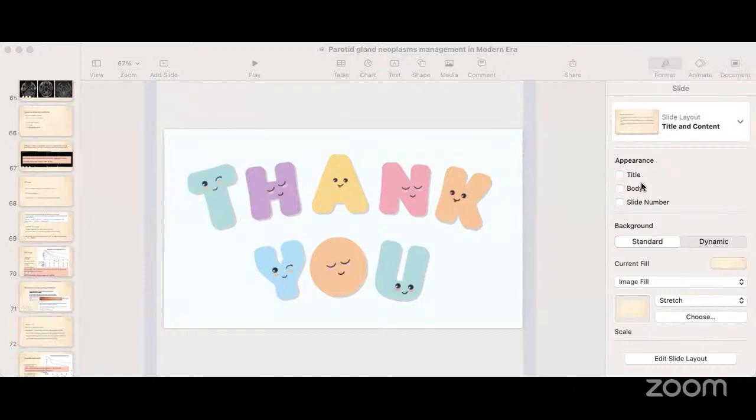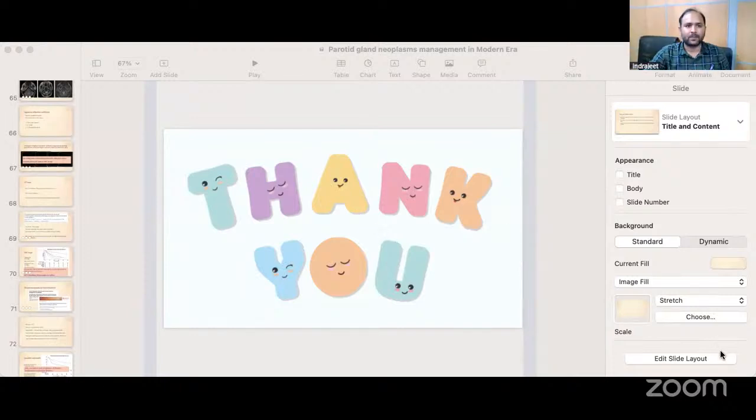Today's case presentation will be by Dr. Indrajit Chauhan. He is an MCH resident from RCC Trivandrum, and he is going to present a case on parotid neoplasm.